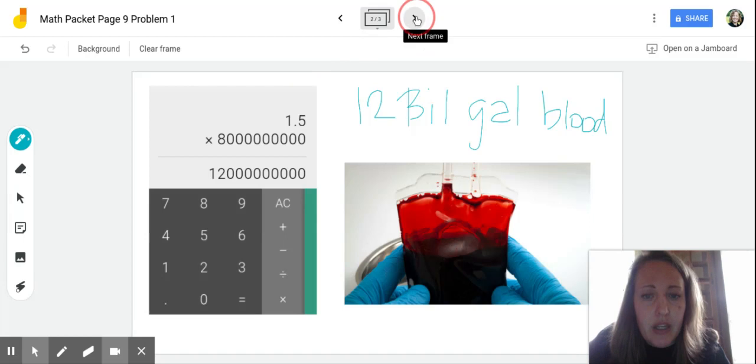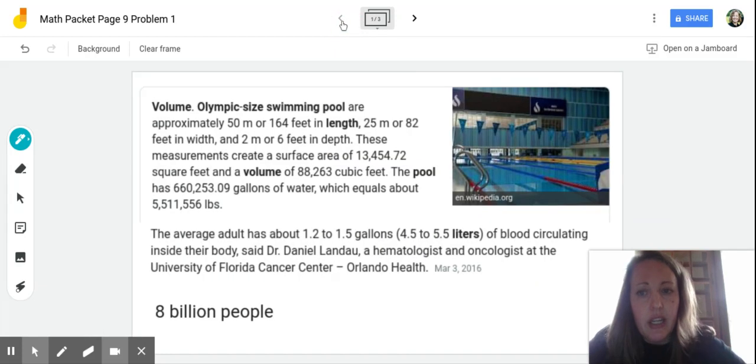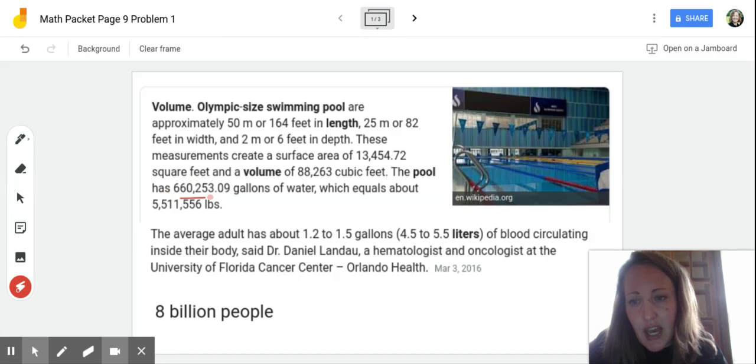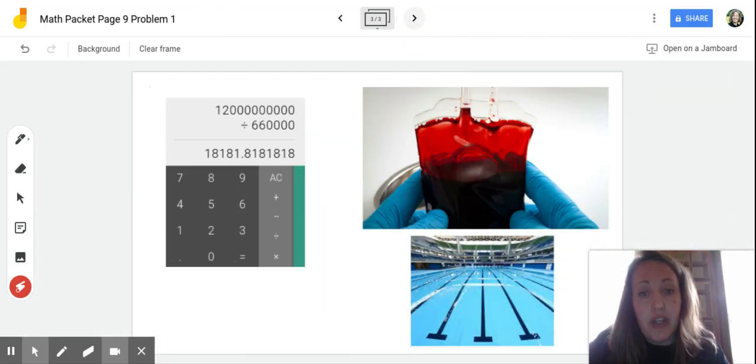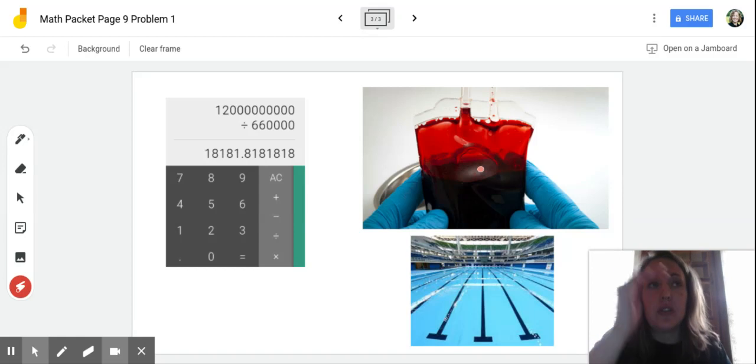All right. Now, we figured out in the very first slide, there are about 660,000 gallons of water in an Olympic-sized pool, right? So we have to figure out how many pools would be equal to this amount of blood in the world today.